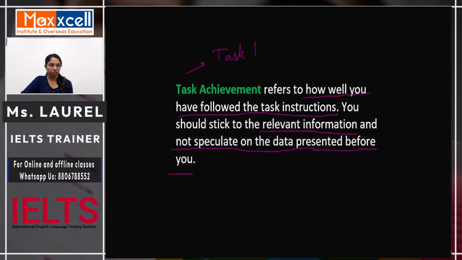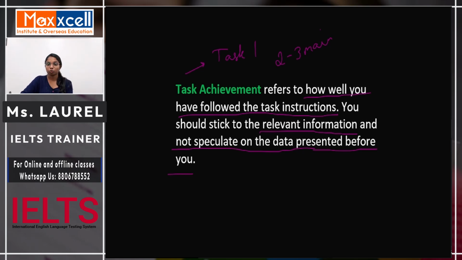For task 1, the first criterion is task achievement, in which you have to follow the task instructions. That is, you have to write only 2 or 3 main features. You're not going to write all the other data. You have to be very selective with which information you include in your report.